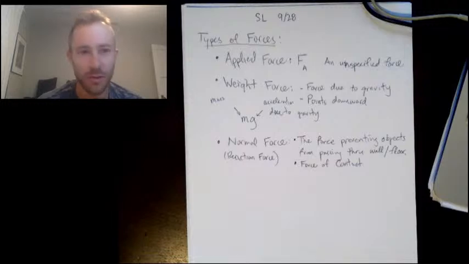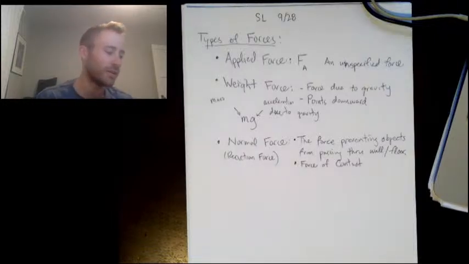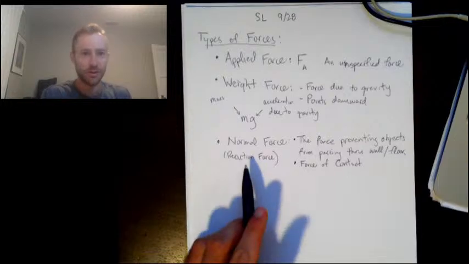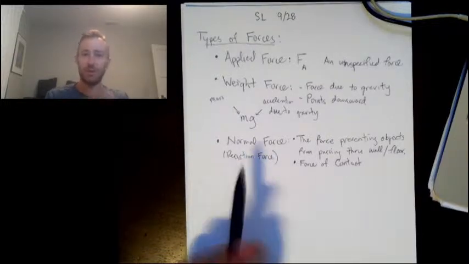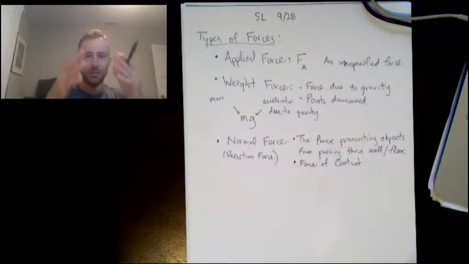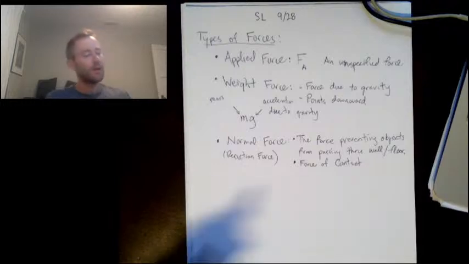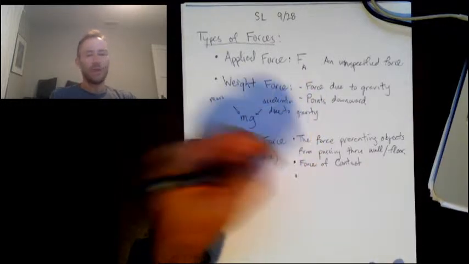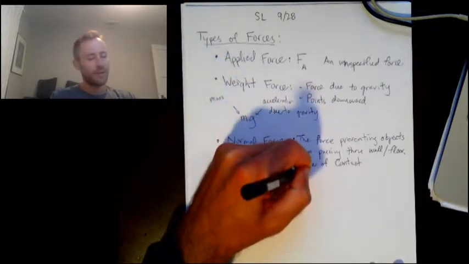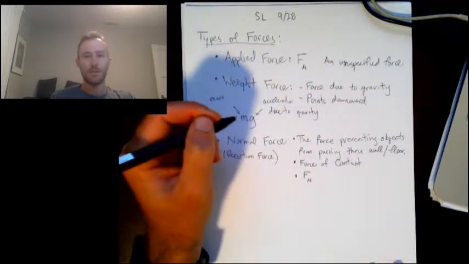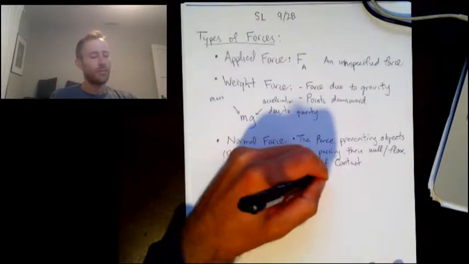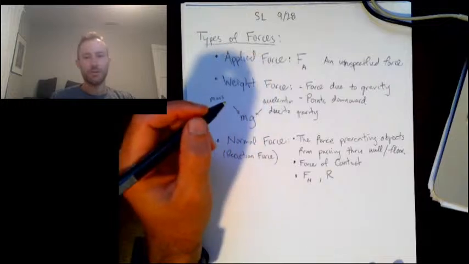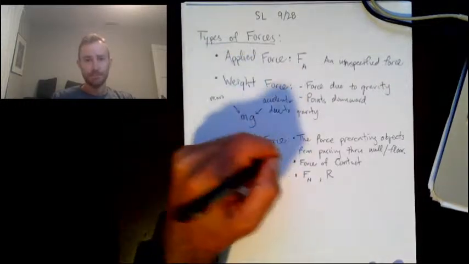The rest of the universe calls it the normal force, but the IB exam just says, we're going to call it the reaction force, because we're IB and we're special. Anyways, I'm going to teach it as the normal force because I've never heard it called anything else except within the IB exam. The variable that I will use for the normal force is F sub n. I believe the IB exam uses R for reaction.